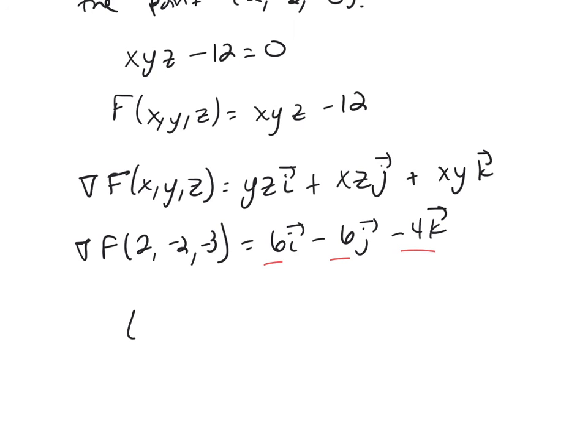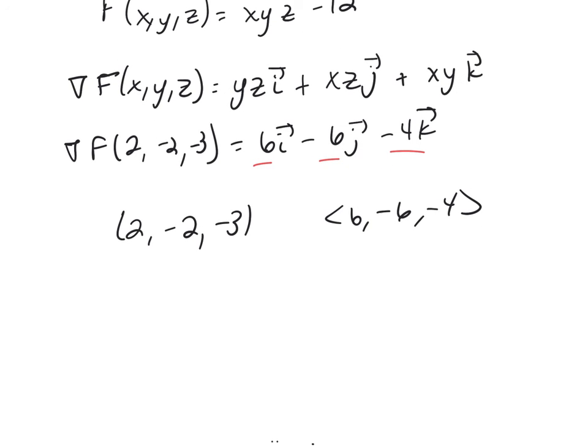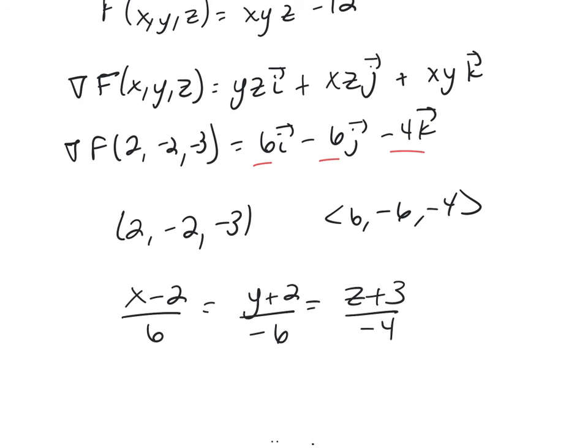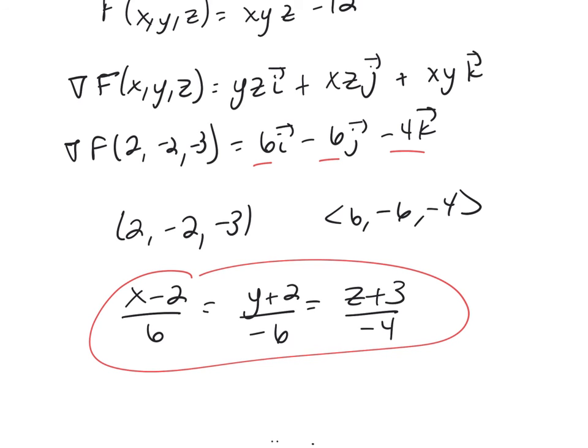My point was 2, -2, -3. And I wanted symmetric equations, so your equations will be x minus 2 over 6, y plus 2 over -6, z plus 3 over -4. And those are my symmetric equations for the normal line.